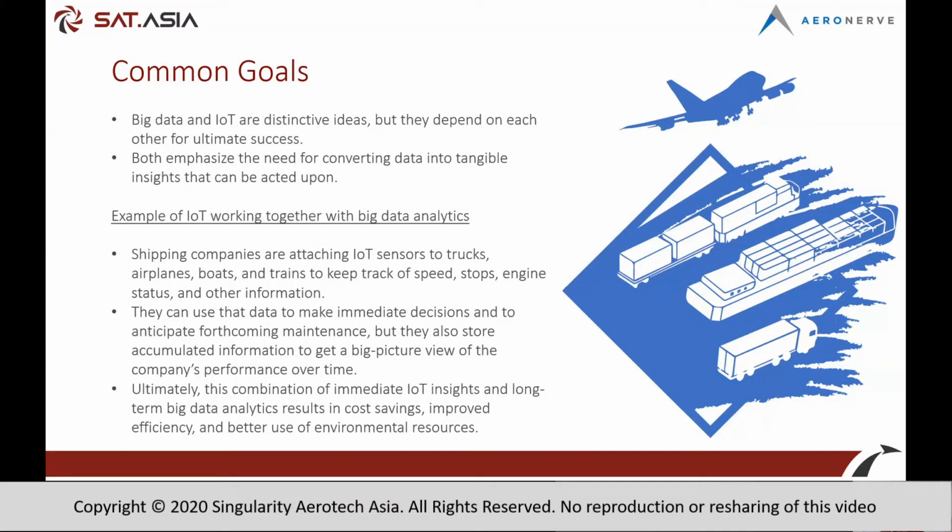In the case of trucks or moving vehicles, you look at the speed, the stops, the engine status, for example. They use this data to make immediate decisions and to anticipate forthcoming problems. Say I send one of my finished products from my factory to the distributor's warehouse.